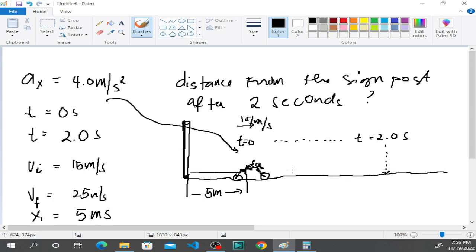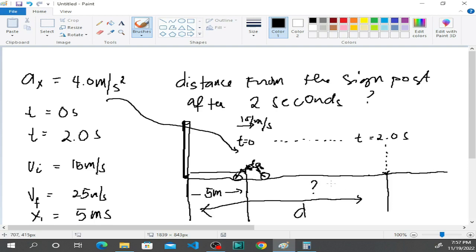I would like to know how far it is from the signpost, the total distance traveled. So that's going to be 5 meters plus this unknown. You have to add these and then you get the total distance traveled. So that's the first part.